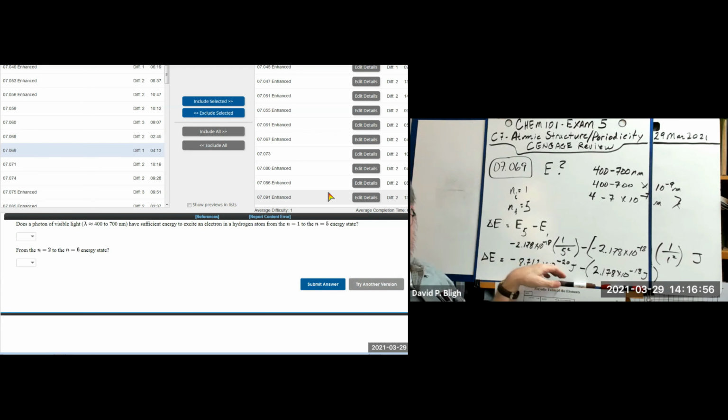So what's the difference in energy? This is the amount of energy that has to be added to the atom. Right? So I would expect the value to be positive, would you not? So let's take this one. Let me see. Hold on a second.